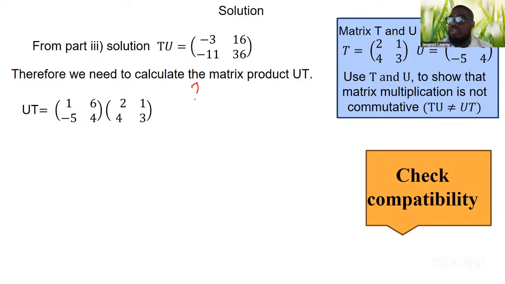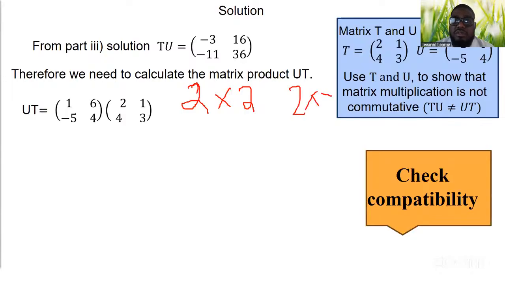2 by 2. And what is the order of the other matrix, the matrix T? It's also a 2 by 2.